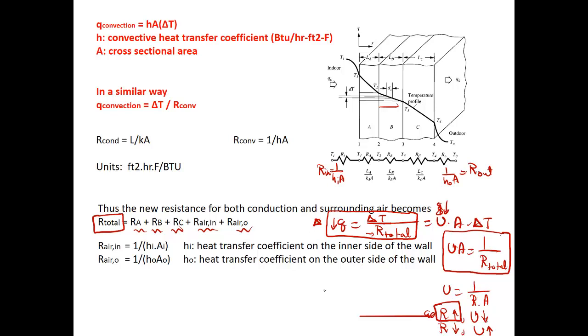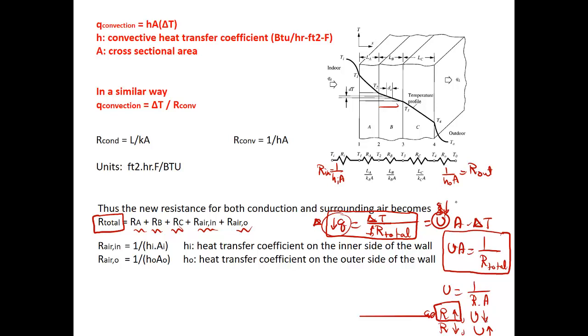Or the opposite. You can just think of U as a conductance, so the ability to conduct. So as the ability to conduct is less, then the heat transfer rate is going to reduce. Or if the resistance increases, that will make the conductance less and the heat transfer rate becomes smaller.